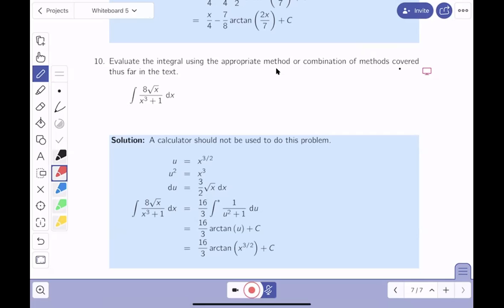So I'm going to try to write that so it looks sort of like that. I don't know if I can. Maybe I can. And let's see. So equals 8 root x. I'm going to write down something squared here plus 1.